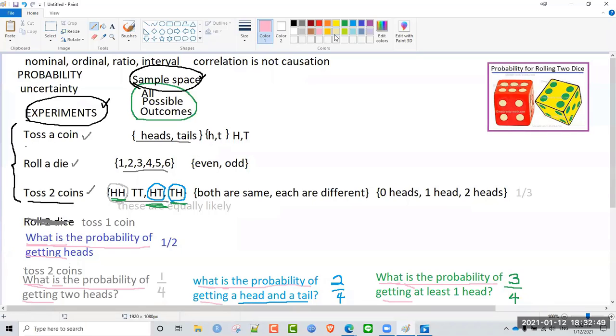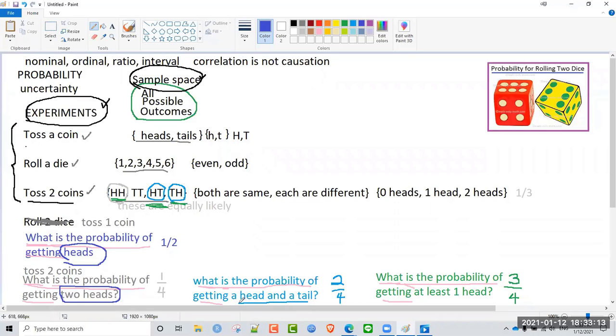Okay. So if that's what's common to all of them, what's different about them? What's different about this one? This word, right? Heads. What's different about this one? 2 heads. What's different about this one?